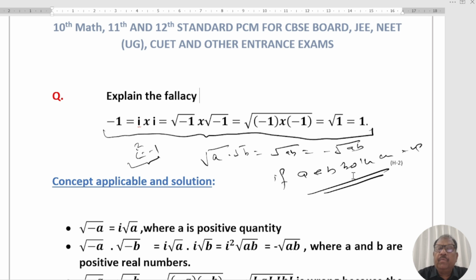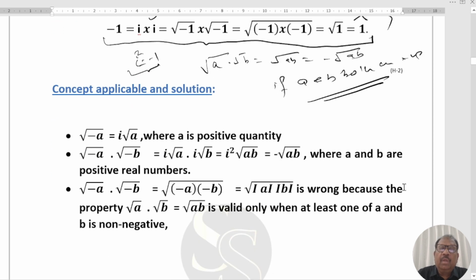If both are negative, we can write minus 1 under root into 1 into minus 1 under root into 1, so this comes to iota square. So this answer will not come; this is false. This is the complete explanation. We can go through this also. In the earlier question we have discussed in detail.